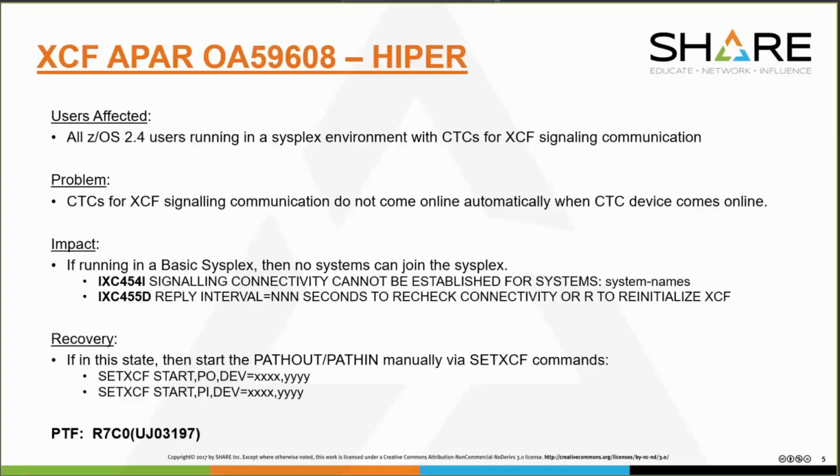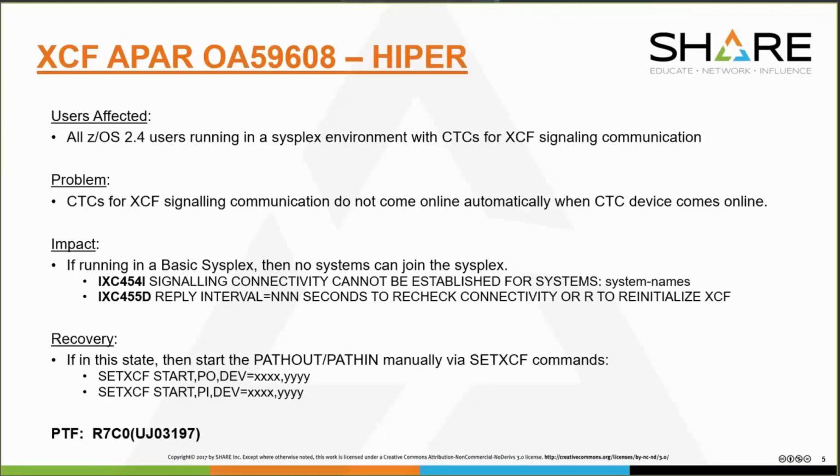The next APAR I want to talk about is an XCF APAR, OA59608, which is marked HIPER, and this particular APAR only affects users running z/OS 2.4 in a sysplex environment, specifically those using CTCs for XCF signaling communication.